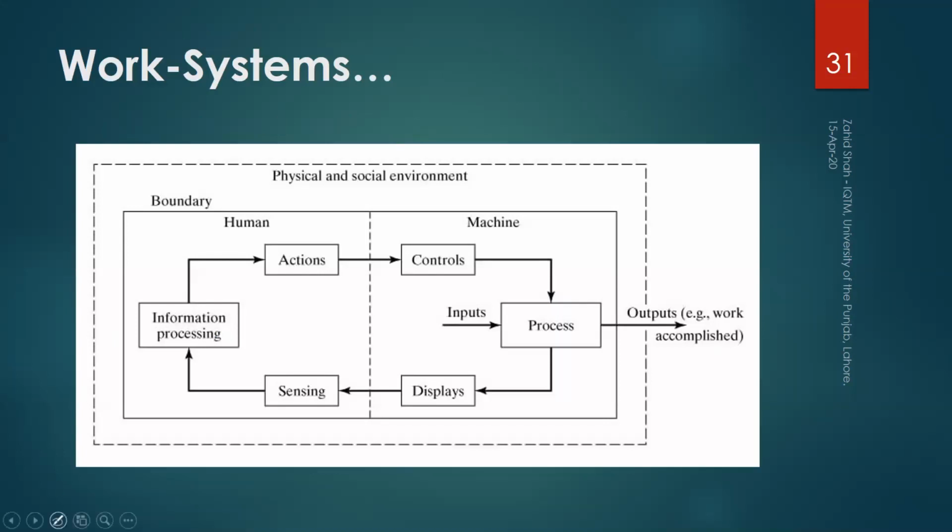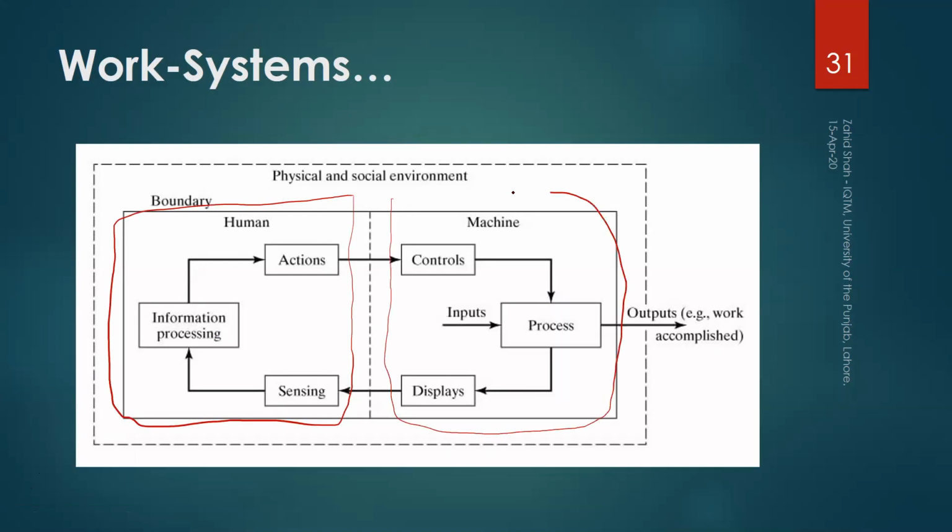The same thing is depicted pictorially here: on one side we have the human, and on the other side we have the machine, and of course the dotted boundary is the environment.